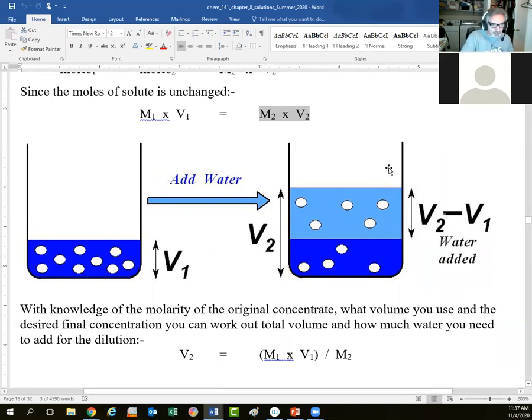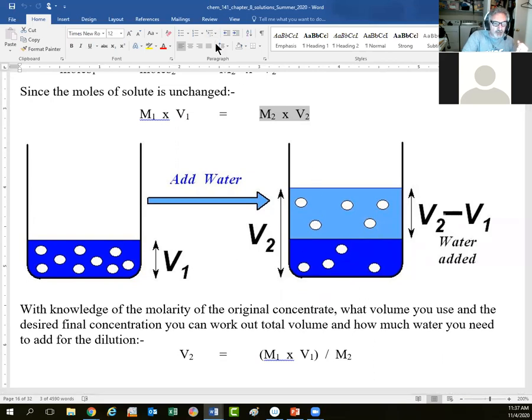Keep in mind that V1 is the initial total volume of the solution, and then V2, which you'll often initially calculate, is the total final volume of the solution. But that V2 includes V1, the initial volume. If you want to work out how much water has been added, you need the total final volume V2 and subtract the initial volume V1.